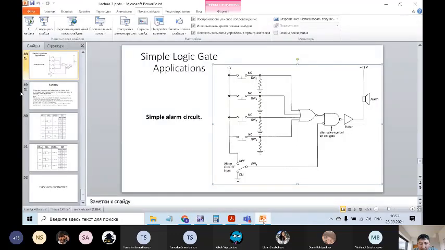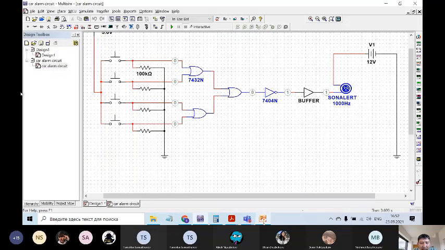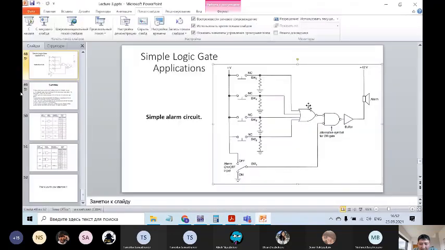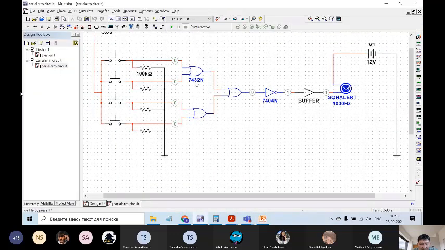In this one, they show a 4-input NAND gate, or NOR gate, 4 input. Here I just used 3 OR gates and created a 4-input OR gate.